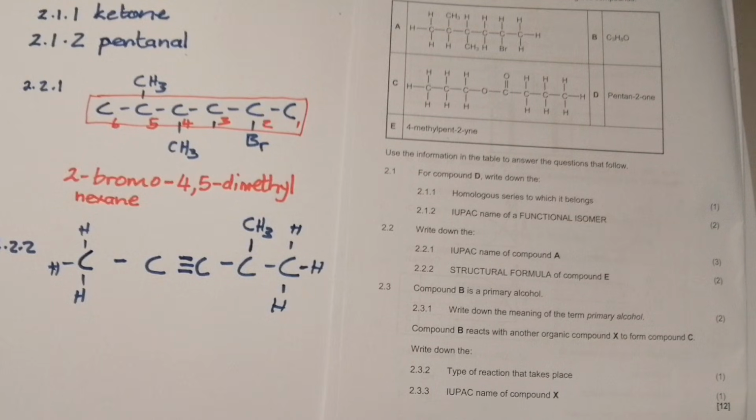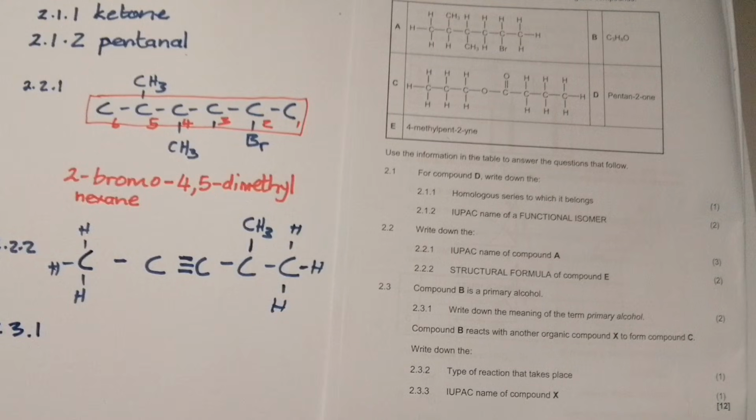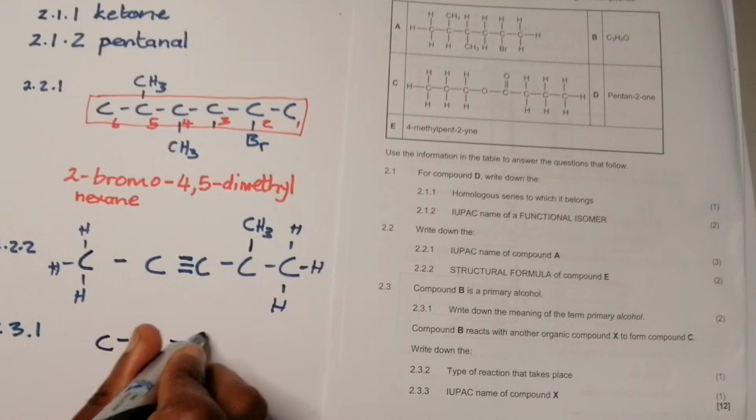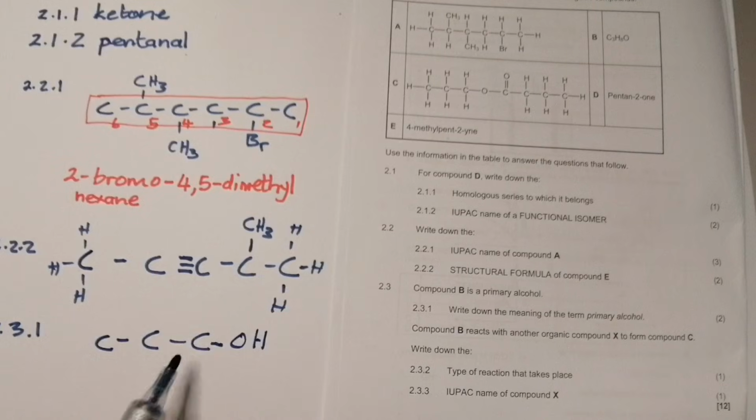Now, just remember, ladies and gents, that a primary alcohol, by definition, is an alcohol that has the hydroxyl group, the OH, only attached to one other carbon atom with its hydrogens.